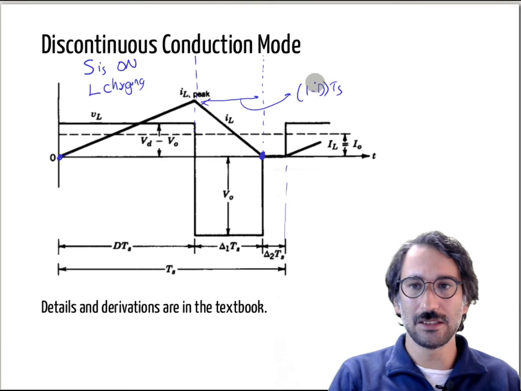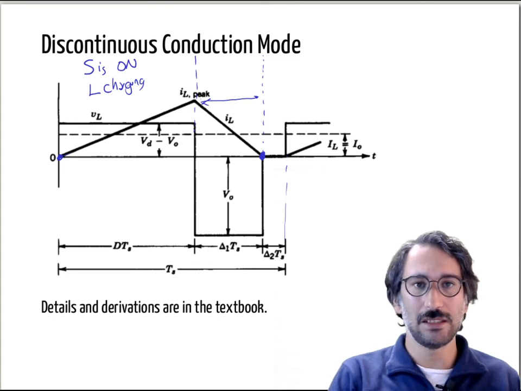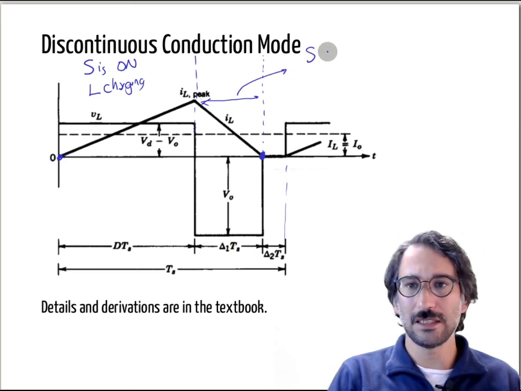So in terms of time, it is not 1 minus d times Ts, but it is shorter, and in the textbook it is defined as delta 1 times Ts. Anyway, in this time S is off, and L discharging.